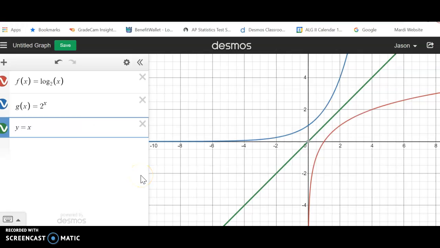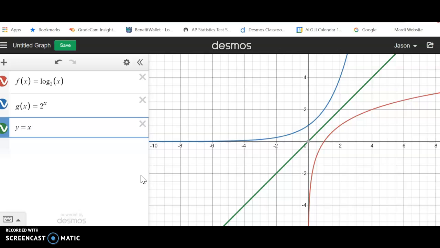And we can see from looking at this graph, let's look at the red first because it comes first in our list. It's got a vertical asymptote at x equals 0. So the domain is everything bigger than 0, right? And the range is going to be everything. We get to all negative values and all positive values, so negative infinity to infinity.